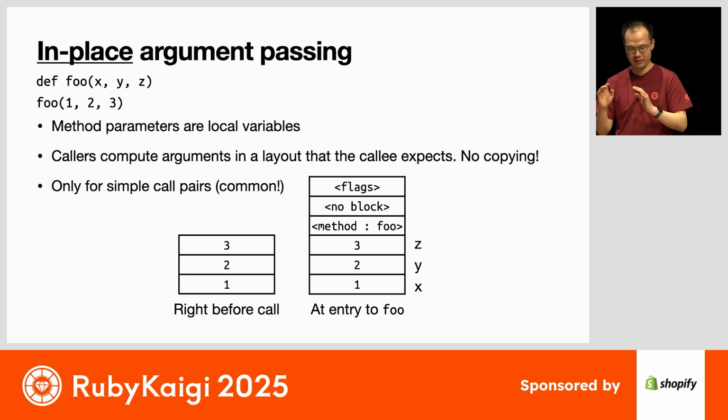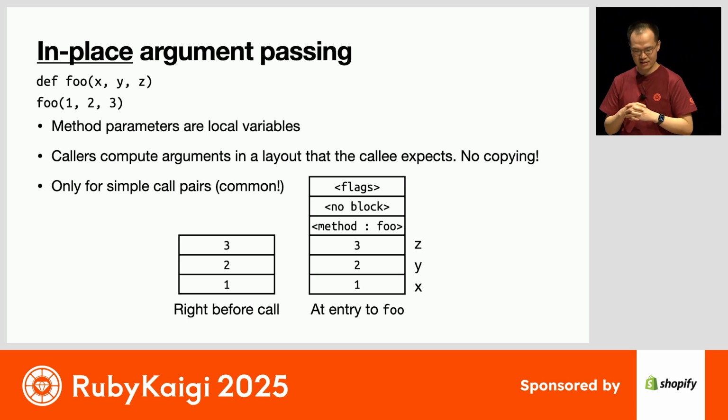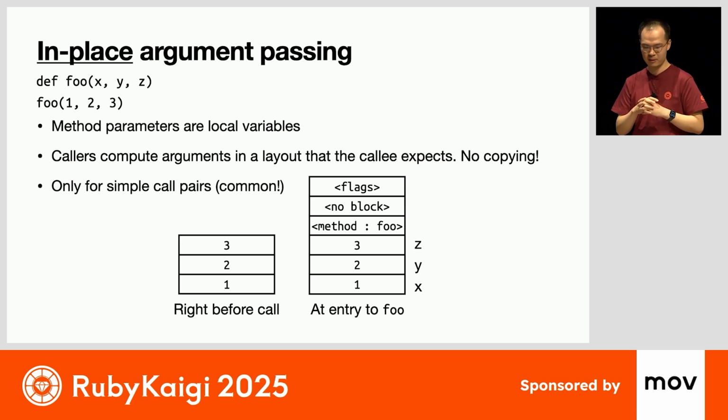The first one is sort of the base case. It does no work for argument passing per se. Sasada-san designed the VM so that callers compute arguments and put them on the postfix notation stack in the exact layout required parameters want. And this happens before the actual call on the caller side. When the call happens, the arguments are already in the right place, so there's no need to move them or copy them anywhere.